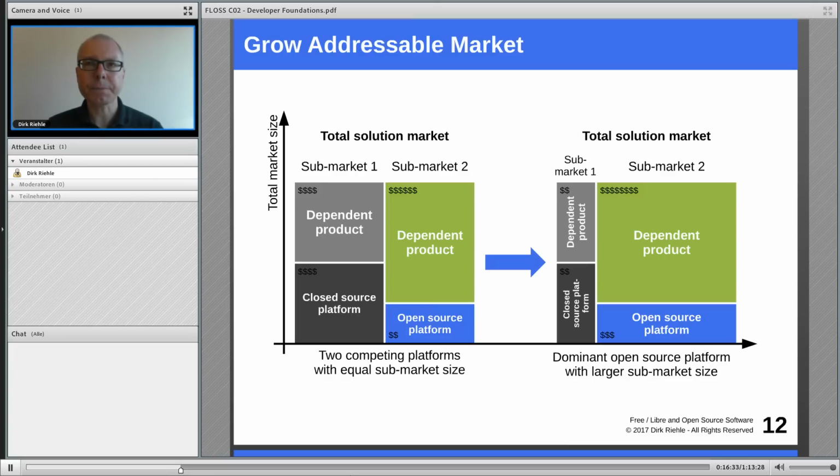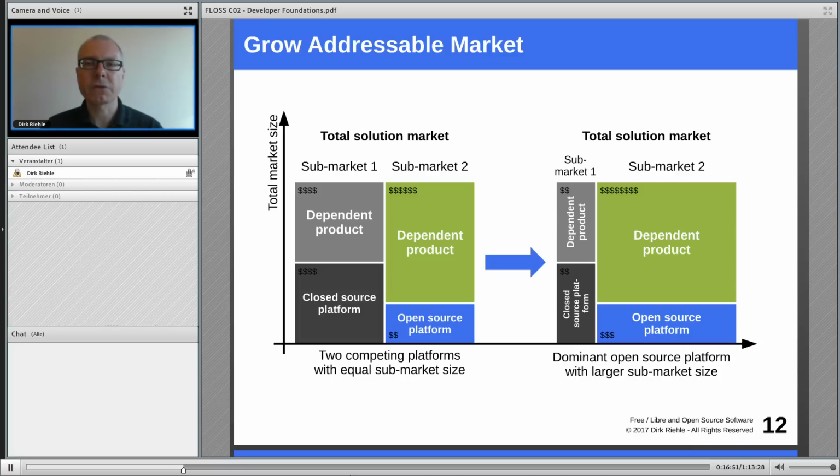Imagine that your product runs on top of Windows and Linux, but then imagine that your product runs only on Linux. Well, you can only sell to customers with data centers that support Linux.